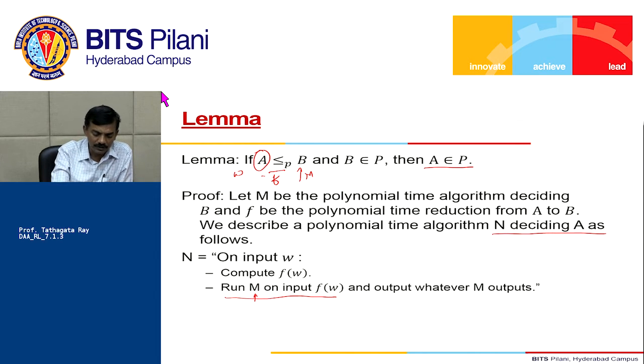If M accepts, I accept. If M doesn't accept, I reject. Okay, that's the idea.